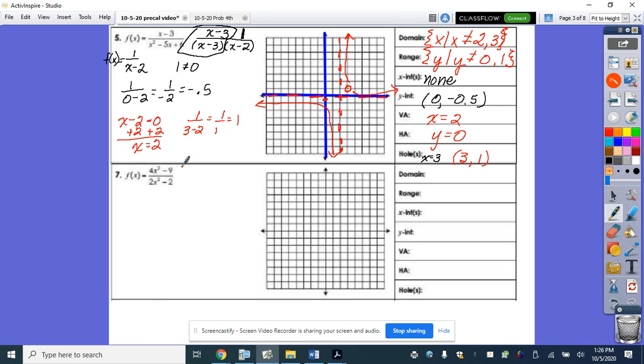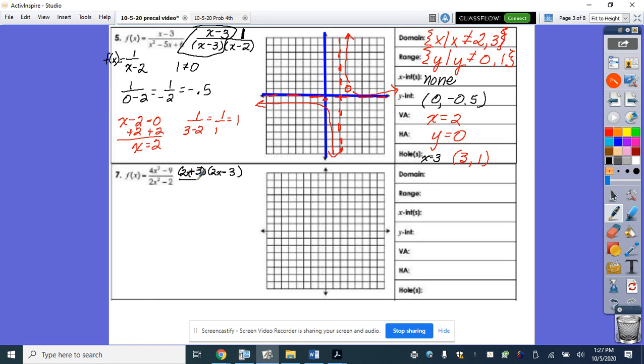And try to figure those out because you have a difference of 2 squares here. With the difference of 2 squares, you have a plus and a minus. So what times itself gives me 4 is 2. What times itself gives me x squared is x. What times itself gives me 9 is 3.